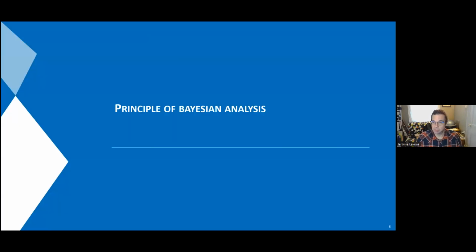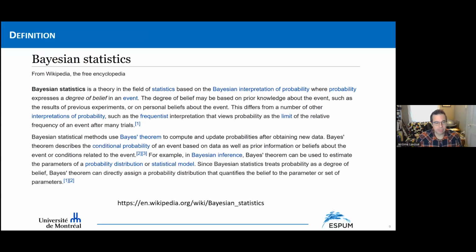So going a little deeper into the principles of Bayesian statistics, this is an excerpt from the Wikipedia page. And this very short paragraph is very clear, I think, if you want to have a look at that later on your own. But some essential points that I wanted to underscore. So it's a theory in the field of statistics where probability expresses a degree of belief in an event.